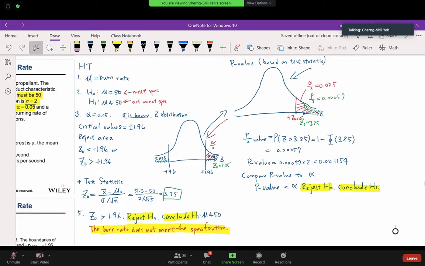This becomes really helpful when we have more than one population mean. I'll give you an example. Some students like to see what contributes to their GPA. They like to divide it into number of units they're taking, number of hours they study, or how much time they spend on extracurriculars.